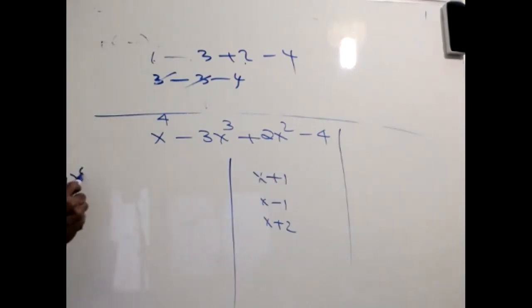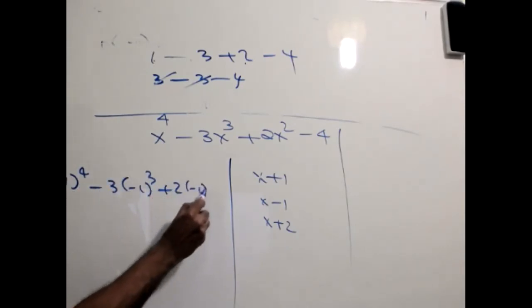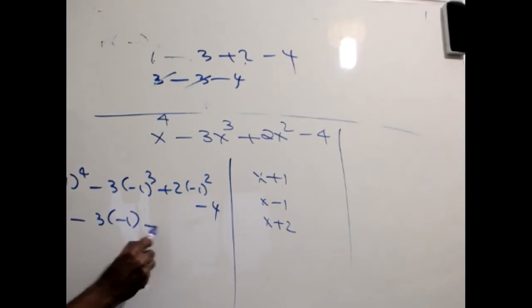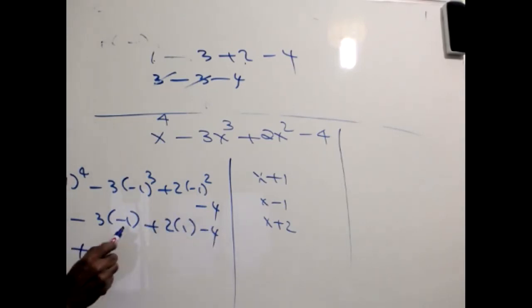Minus 1 raised to 4, 3 into minus 1 cube, 2 into minus 1 square minus 4. Here 1 minus 3 into minus 1 plus 2 into 1 minus 4. 1 plus 3 plus 2 minus 4.